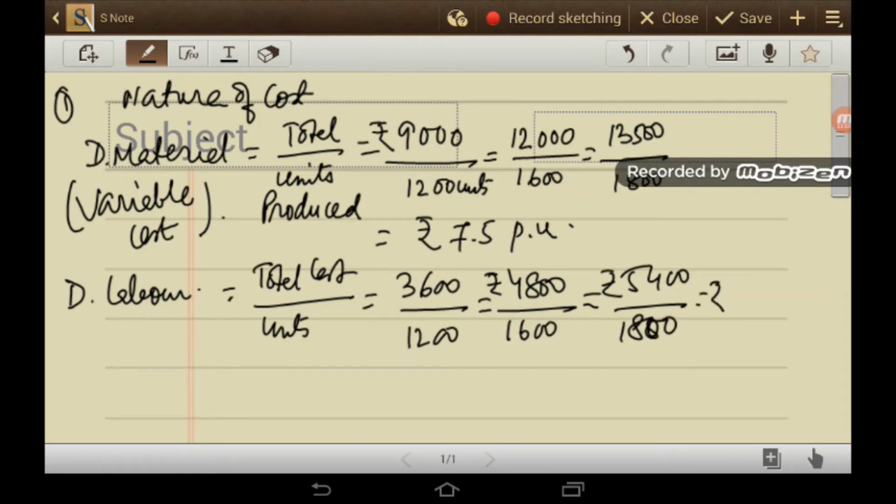In each case this is rupees 3 per unit. So the nature of direct labor cost is also variable.